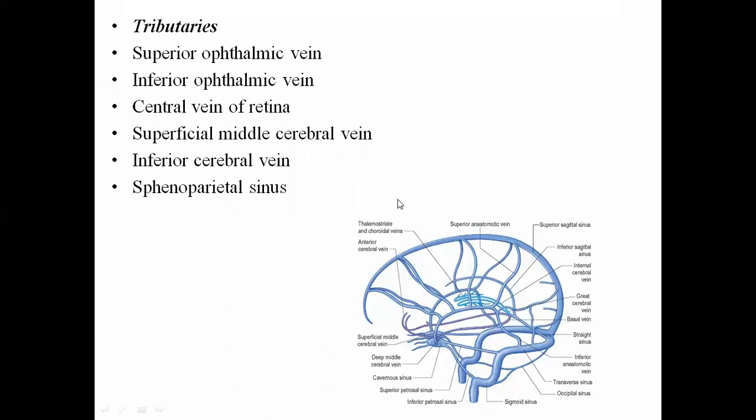Superficial middle cerebral vein, that can be seen in this diagram. Superficial middle cerebral veins, they are draining into the cavernous sinus. This is the cavernous sinus. Inferior cerebral veins are the veins which are draining the inferior aspect of the brain, that drain into cavernous sinus. Sphenoparietal sinus.